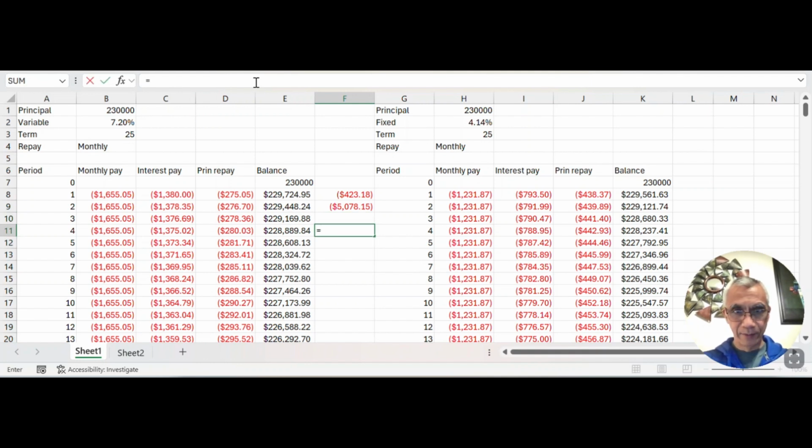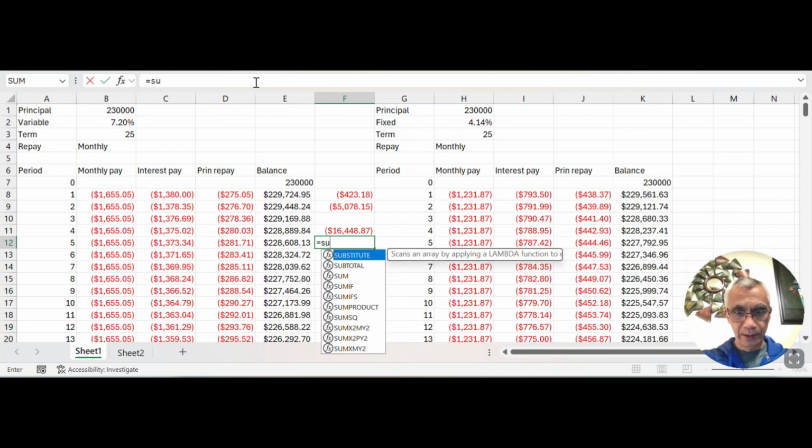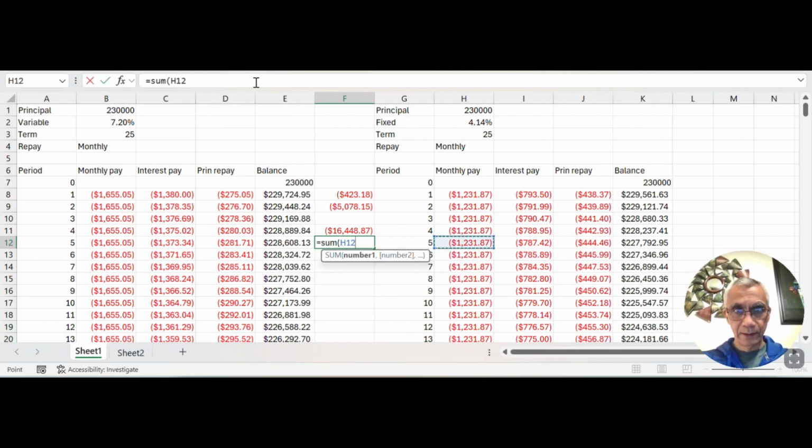Let's take a look at how much interest did we pay for a year. Well, that's on that side. Let's try the other side. Alright, that's how much we're paying. What's the difference between the two?